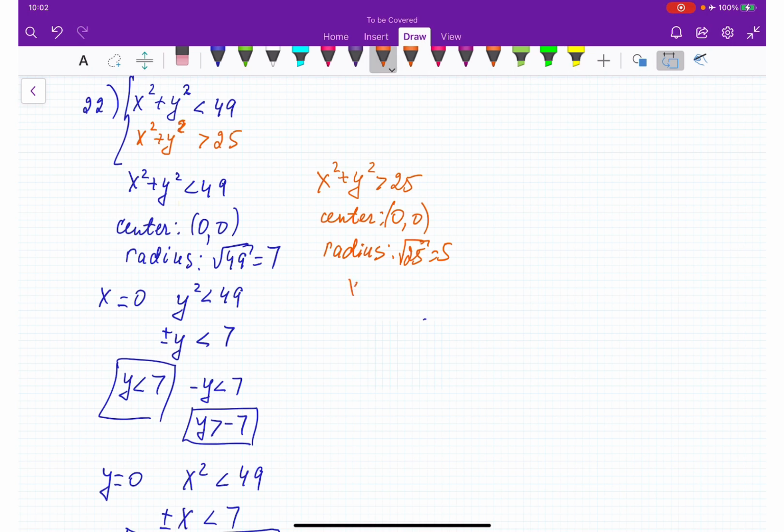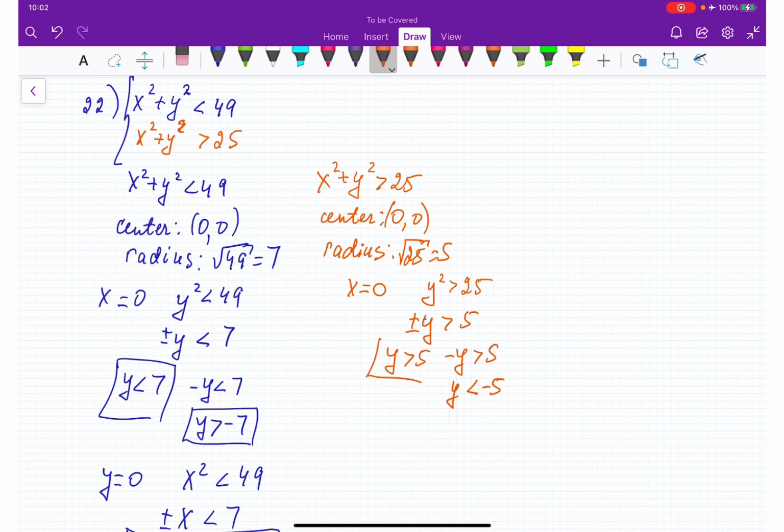If x equals 0, then my y squared is greater than 25, so plus minus y is greater than 5: positive y is greater than 5, and negative y is greater than 5, so y is less than negative 5.